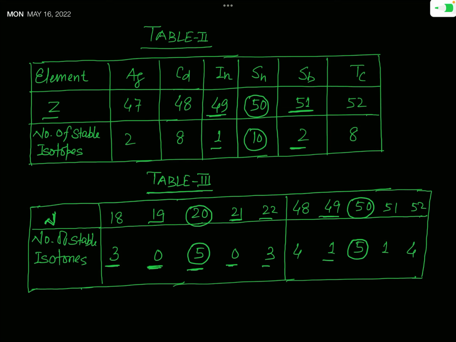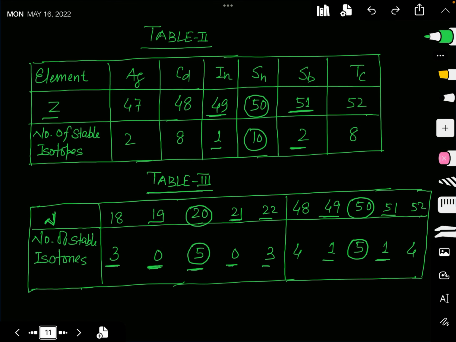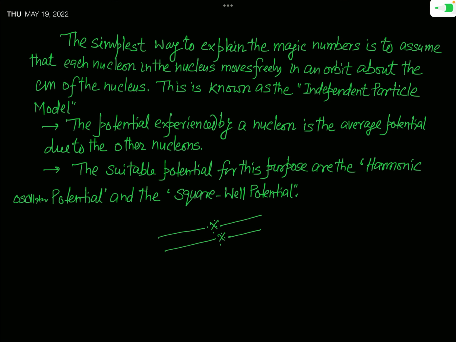And similarly, for the other neighboring nucleus with 51 neutrons, it has only 1 stable isotone. So from these tables you can see that the number of stable isotopes or stable isotones for a magic nucleus is greater than that for the neighboring nuclei. This is a very important evidence for the magic nuclei.